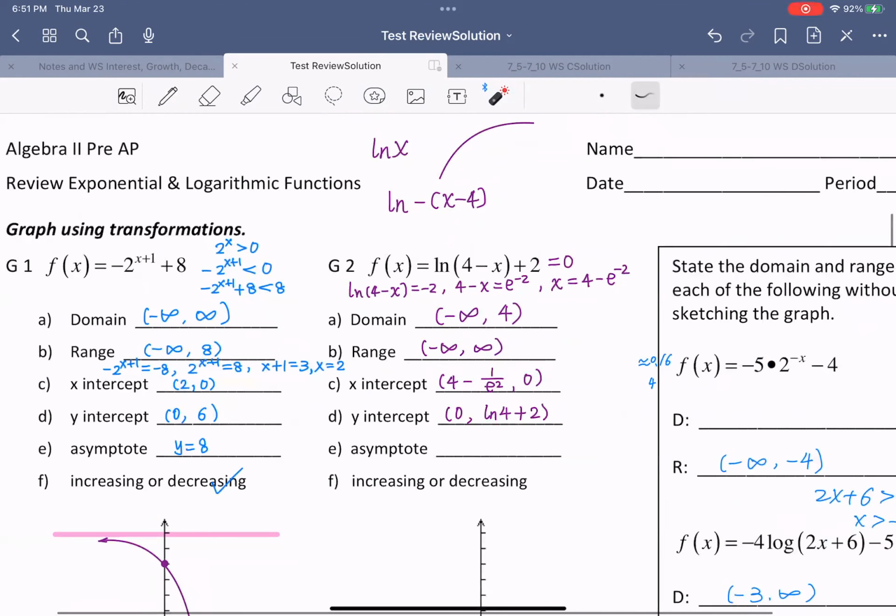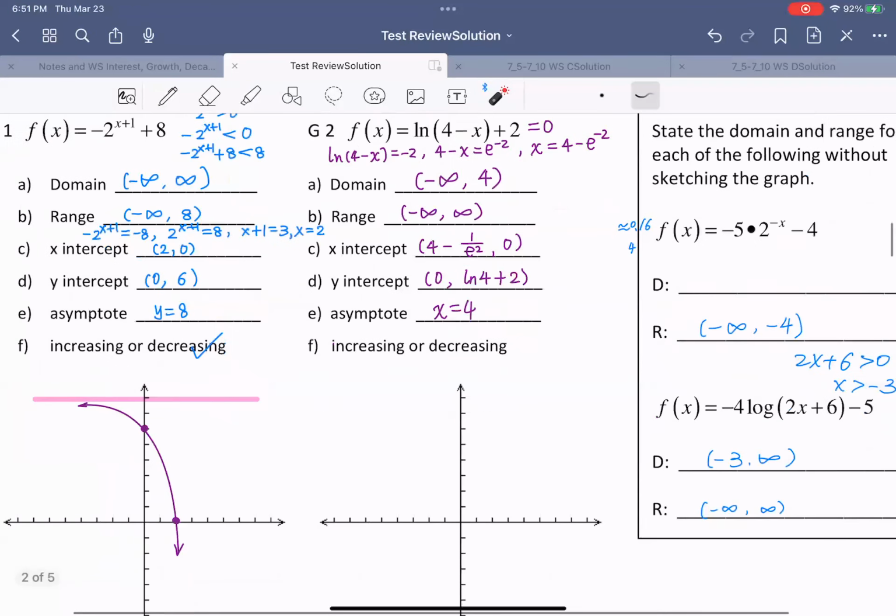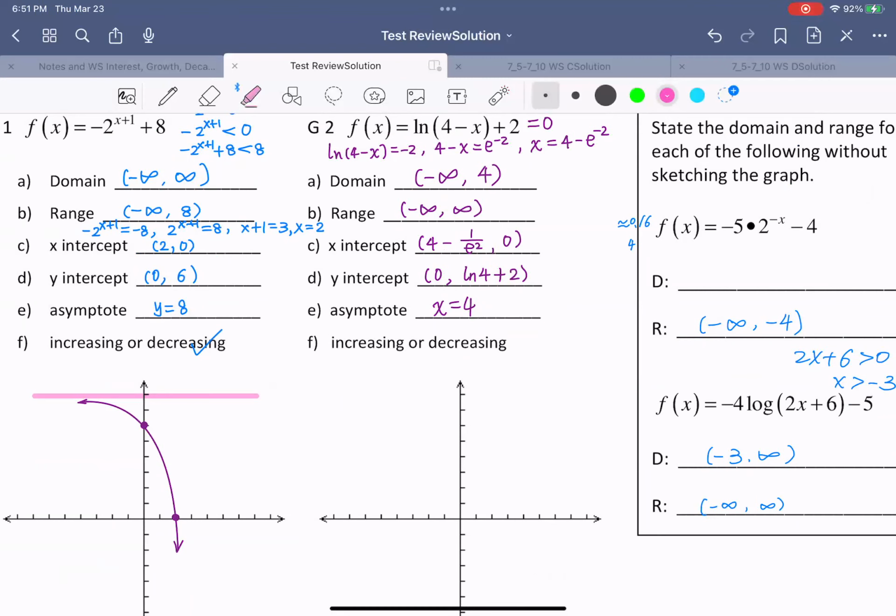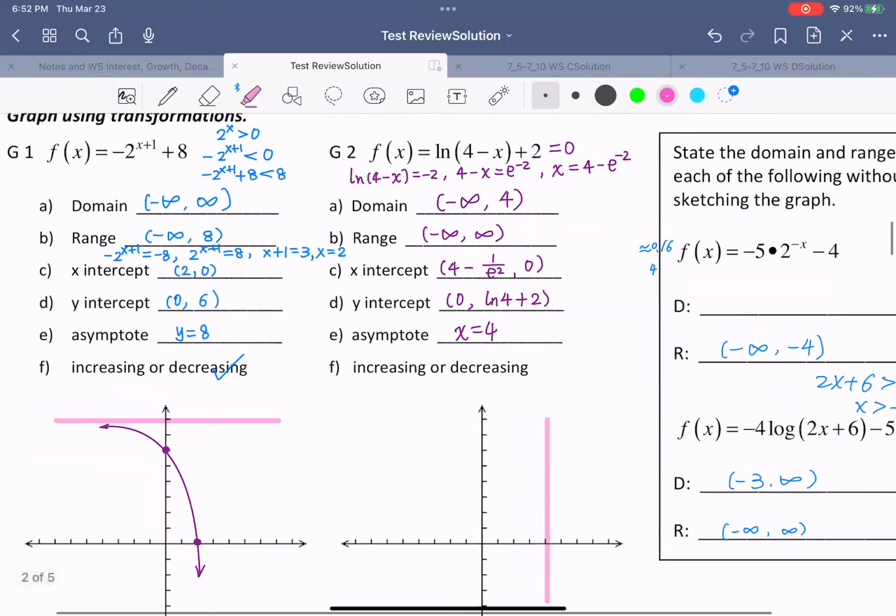So x equals 4. Vertical line is x equals a value. Horizontal line is y equals a value. Make sense? X equals 4, right here. And then you want to give a few points.